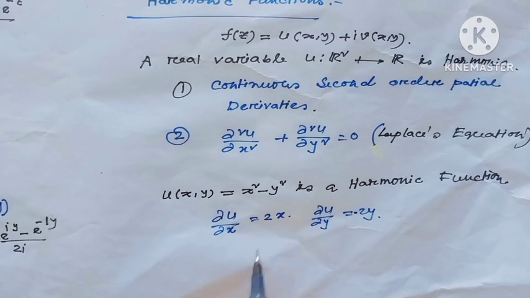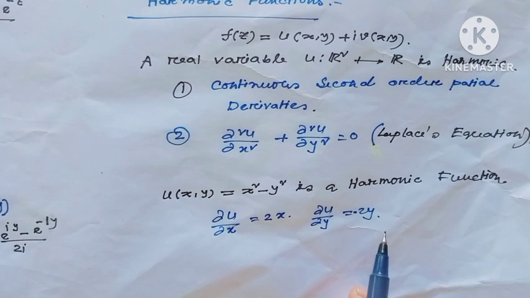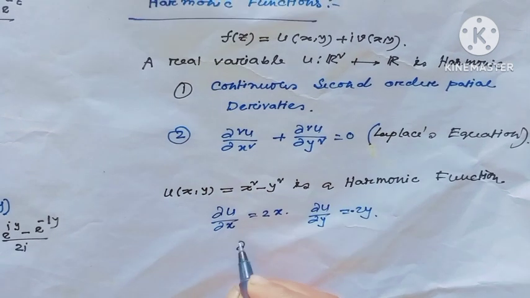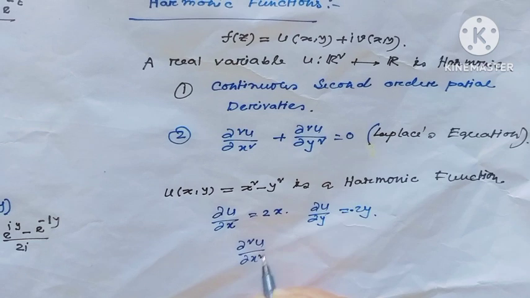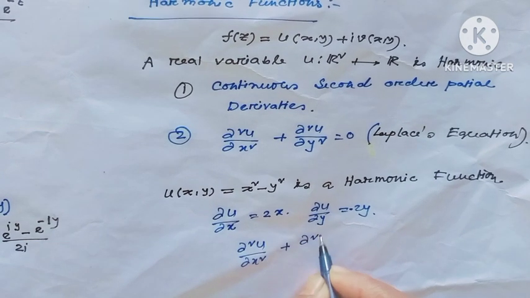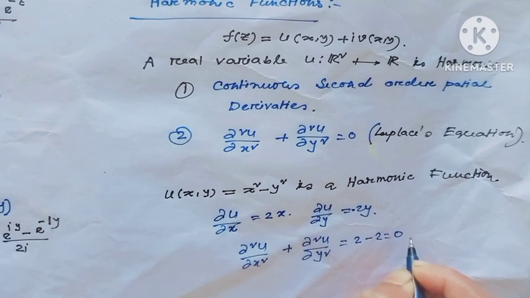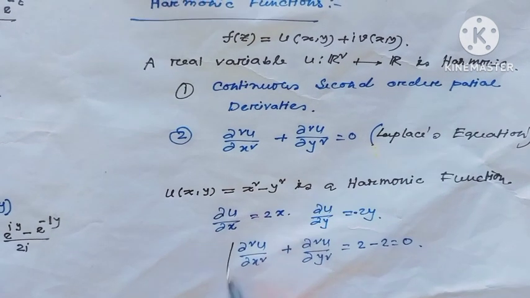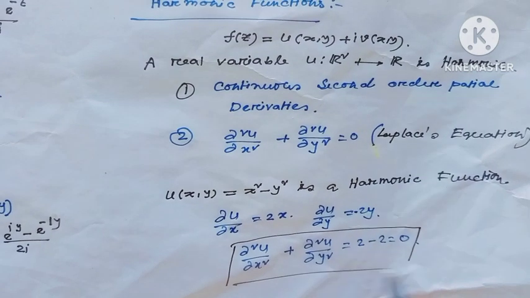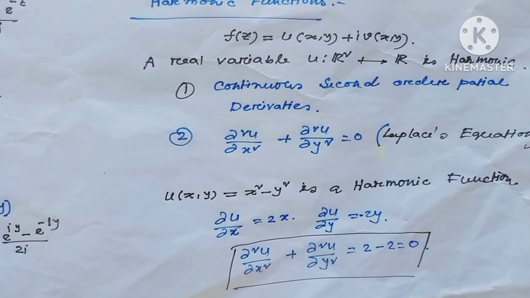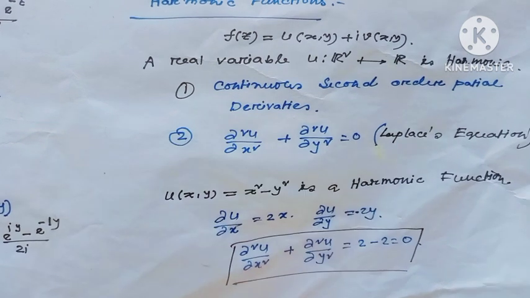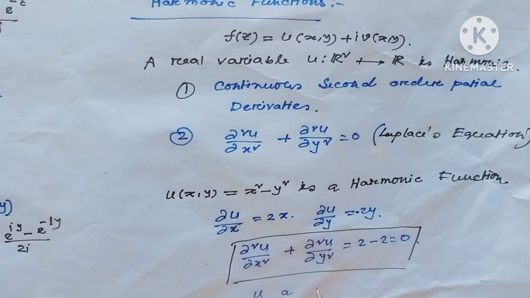For this, del u/del x = 2x and del u/del y = obviously -2y. Then del^2u/del x^2 + del^2u/del y^2 = 2 - 2, which is equal to 0. And since u satisfies the Laplace equation, therefore we can tell u is a harmonic function.